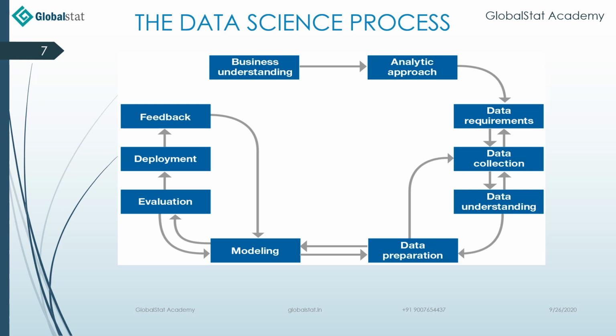Then, if all is set, we go to the modeling part. Next, we do the evaluation, then the deployment, and lastly the feedback. This approach is the CRISP-DM approach, which stands for cross-industry standard process for data mining.